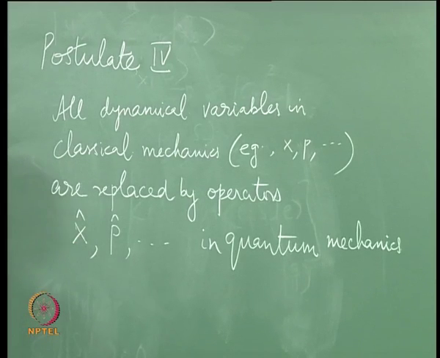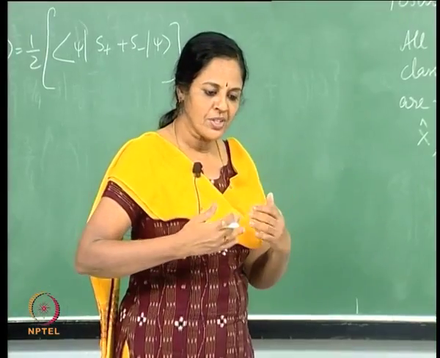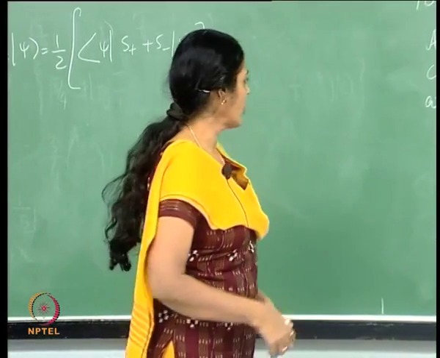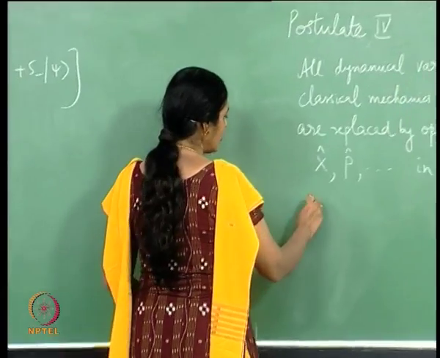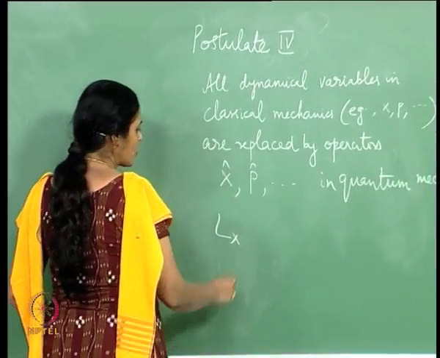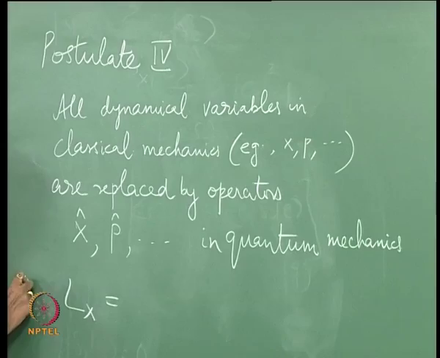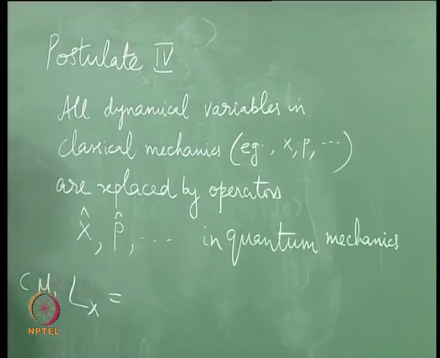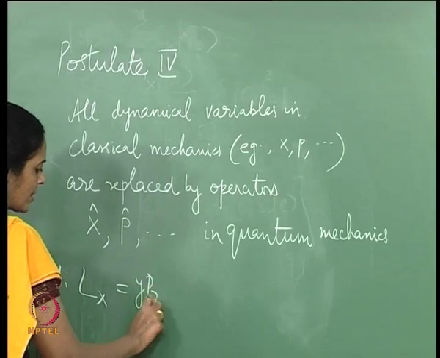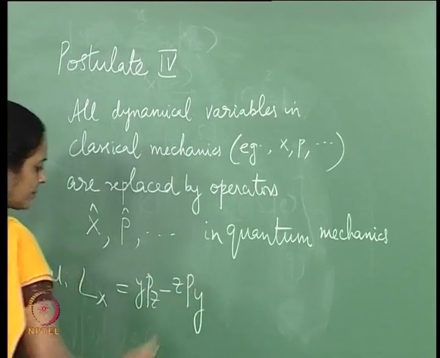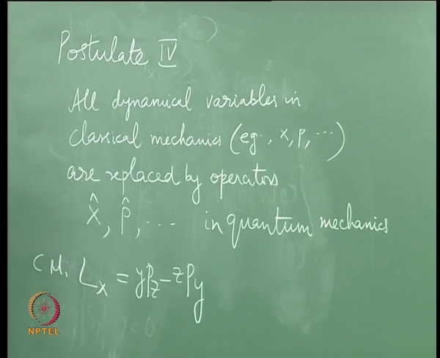Having said that, care must be exercised in the manner in which we replace dynamical variables by operators. For instance, you consider the x component of the orbital angular momentum. In classical mechanics, this is simply ypz minus zpy, where pz and py are components of the linear momentum p, and I have written this in Cartesian coordinates.